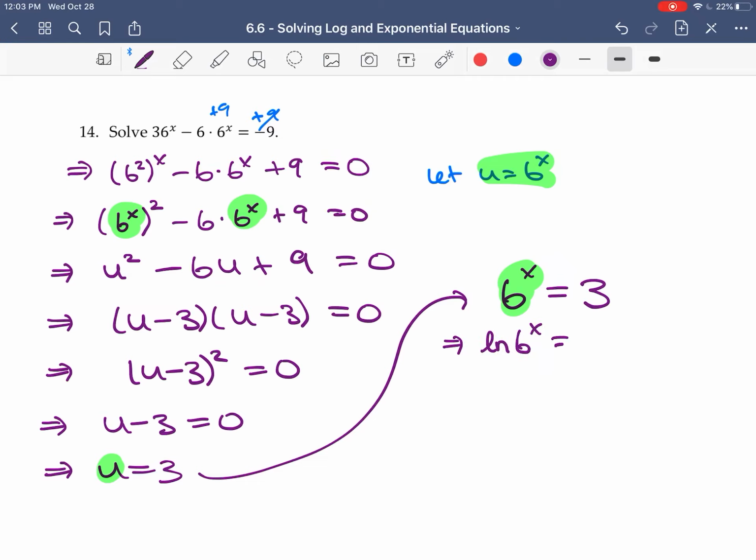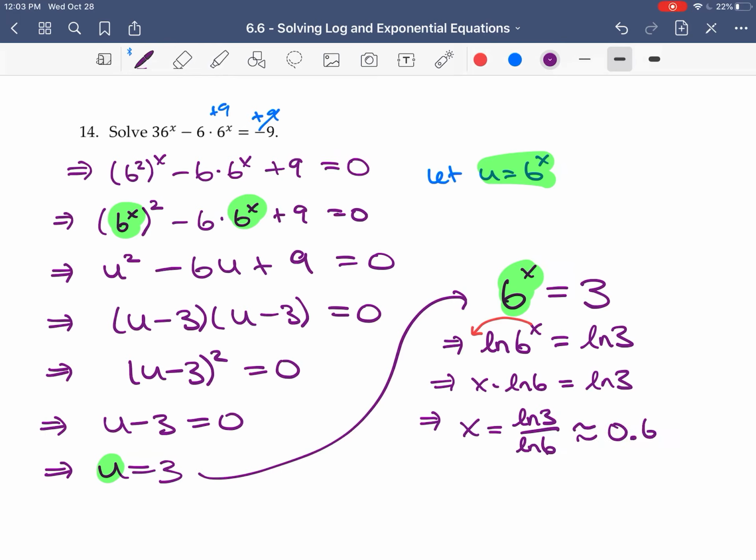So ln of 6 to the x is equal to ln of 3. Okay, now I can bring the x down. So that's x times ln of 6 is equal to ln 3, which means that x is going to be ln 3 divided by ln 6, which is approximately 0.613 when you calculate it.